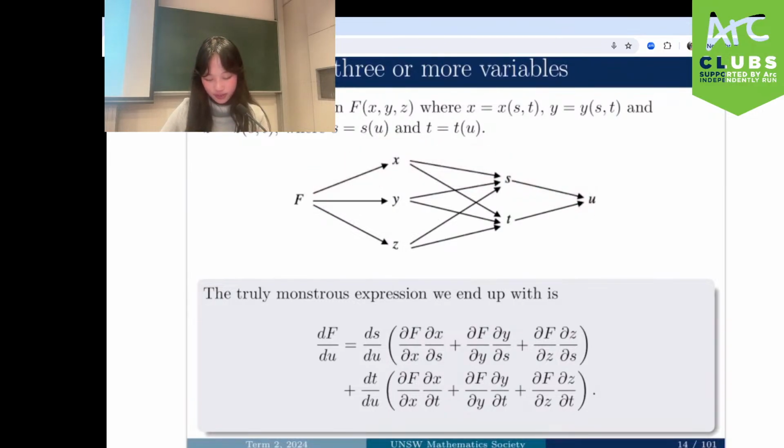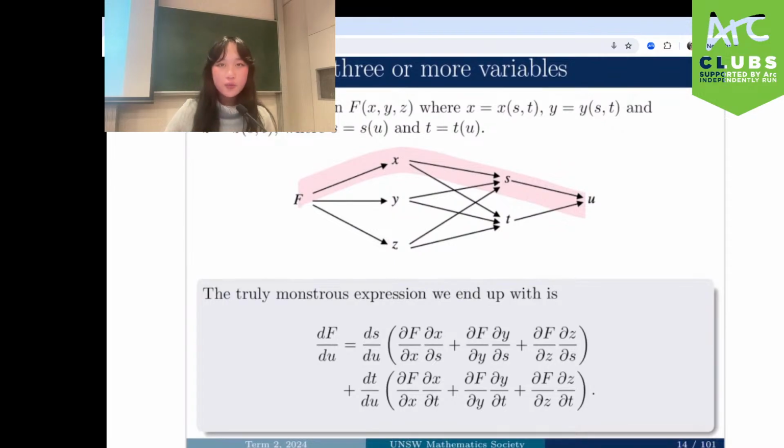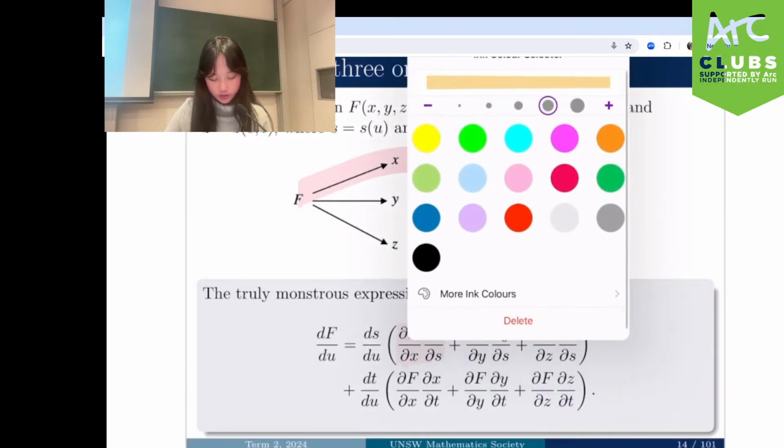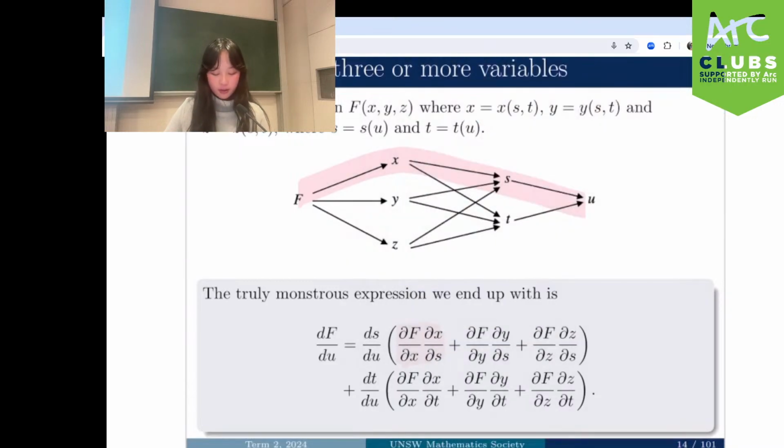Oh, it's a bit thick. Make it a bit thinner. And this one is correspondent to which of these terms? Well, we've got f to x, x to s, and then s to u, so it would be this one. Okay. We've got this path as well.